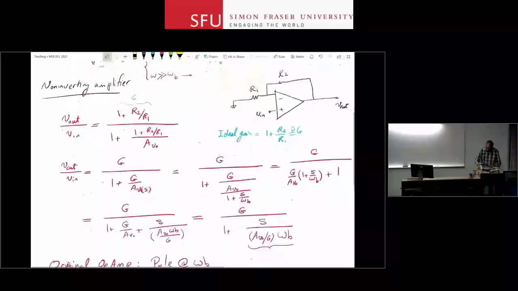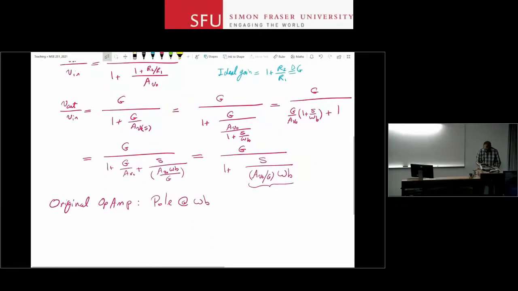By putting negative feedback around this circuit, the new pole is at AV naught over G times omega B. Okay, so that's interesting.